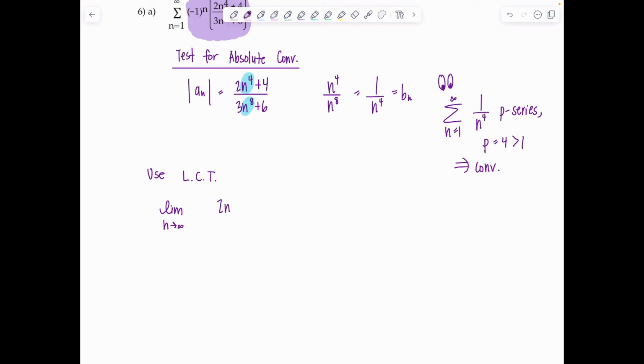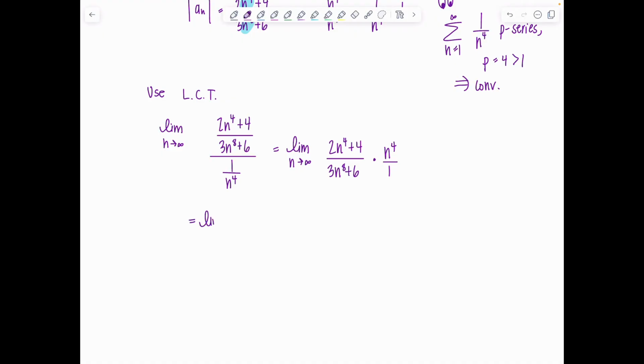So we're going to have (2n^4 + 4)/(3n^8 + 6) over 1 over n^4, which is the limit as n goes to infinity of (2n^4 + 4)/(3n^8 + 6) times n^4 over 1.